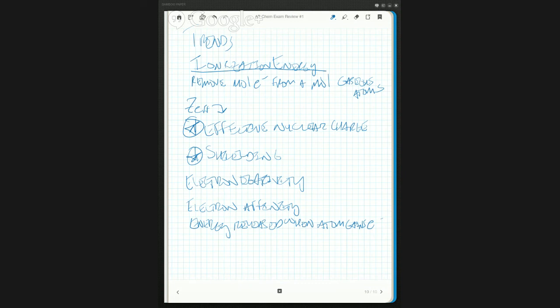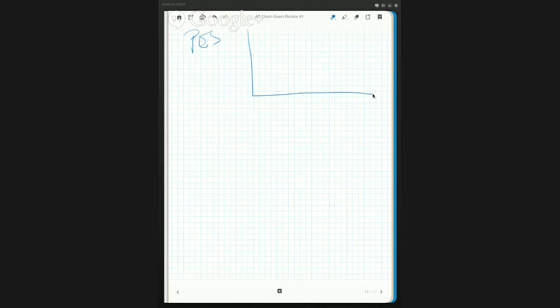So mass spectrometry is, let me just compare them. So if you have PES, you have a graph that looks something like this with number of electrons and energy here, and it increases going this way.